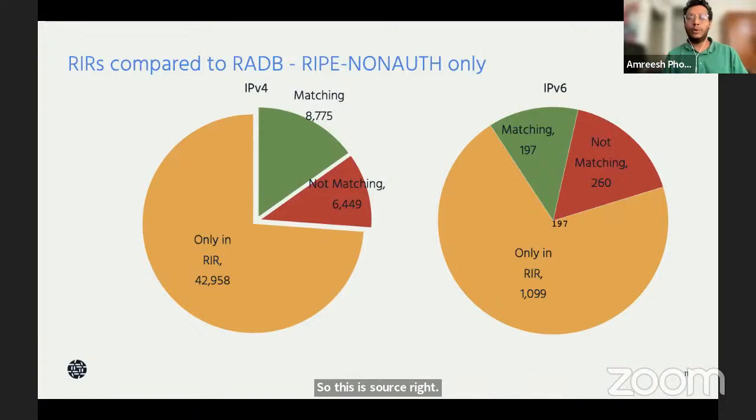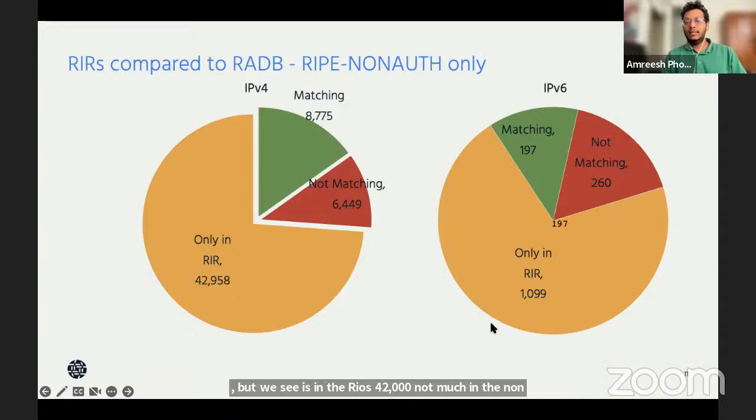But they were also not authenticating users to create objects, so this is tagged as non-auth objects. If we compare the RIOs and the non-auth, in the RIOs we see 42,000 not matching, in the non-auth 66,000, and the matching is 8,000 plus.